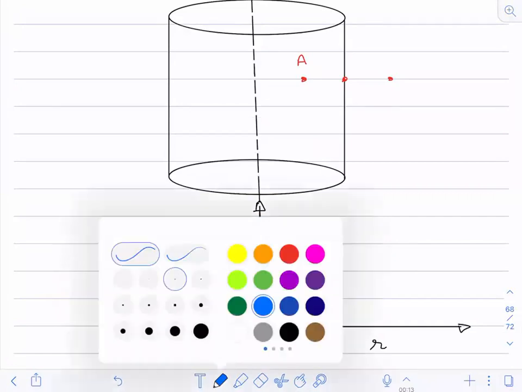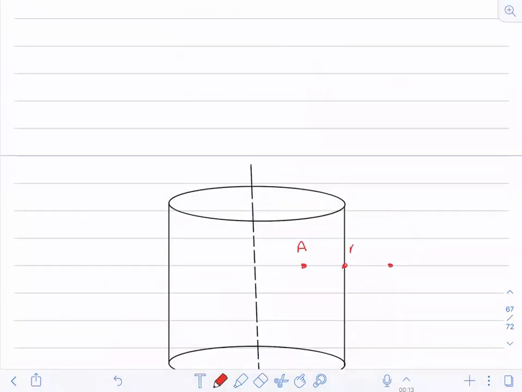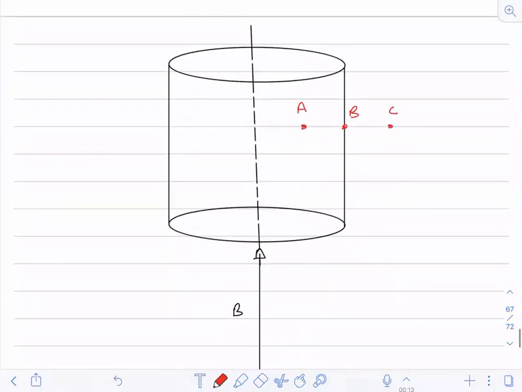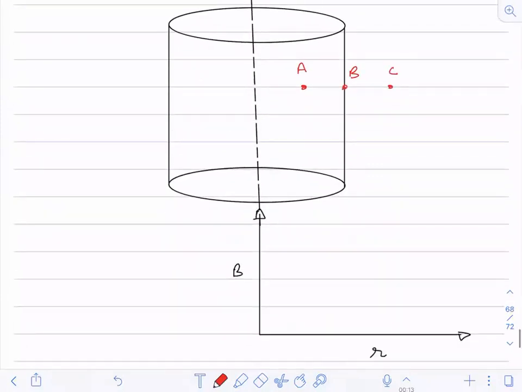So this is point B. This is point C. For point A, what was the magnetic field value? If you see, the magnetic field value was mu naught I divided by 2 pi R square into r.